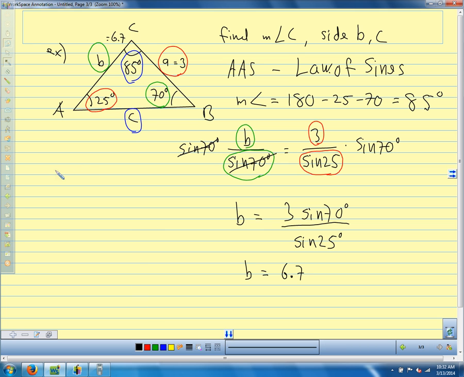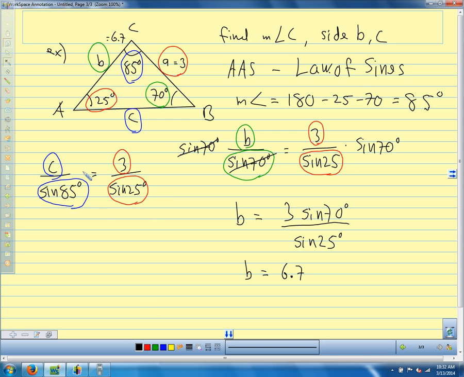And I'm going to say C over sine 85 degrees equals, and I can use either one of these again, so let's use this one again, 3 over sine 25. So that is my red one that I did here, and now I have a fraction for the blue, the angle and the side across from it.